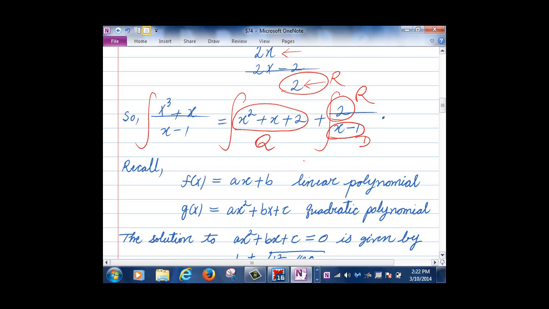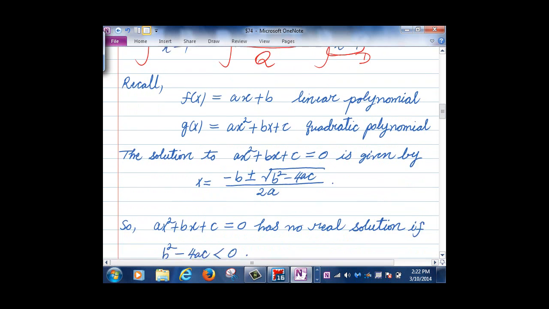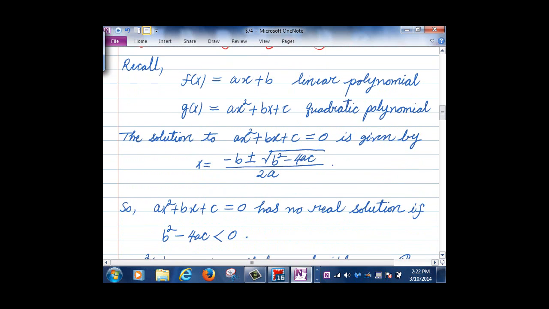All right, so here's a little bit of review of polynomials. What is a linear polynomial? If I have a polynomial ax plus b, that's a linear polynomial because the degree is 1, and the graph of that is what? The graph of that is a line, right?